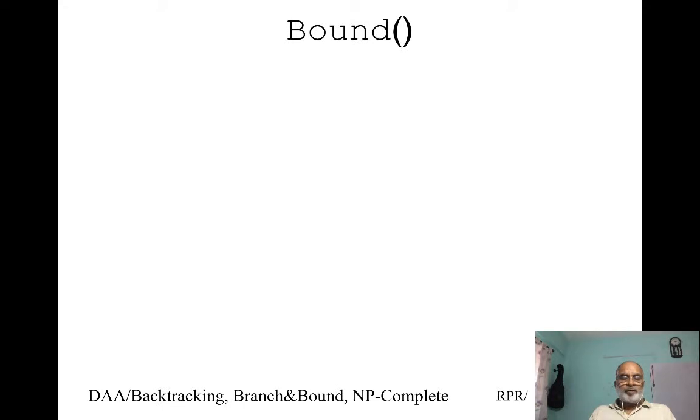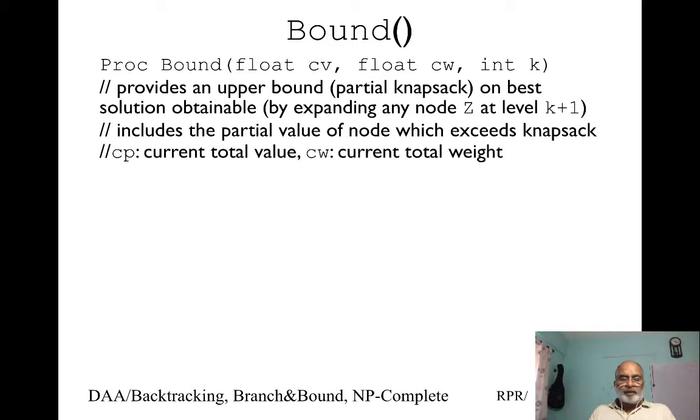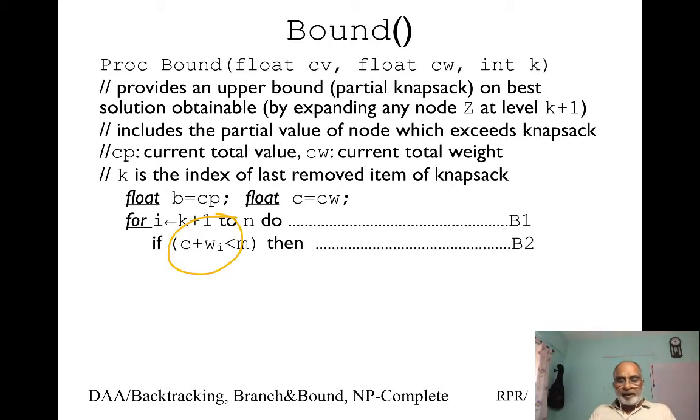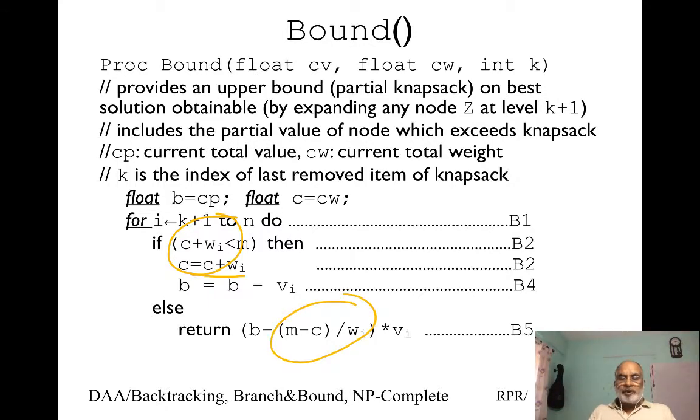Essentially, we give the current value computed so far, and for the remaining nodes we take all the remaining weights, keep adding them, and if it is more than the capacity, we use the partial weight. So this gives me the cost.